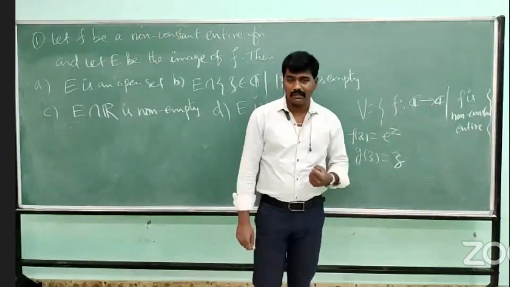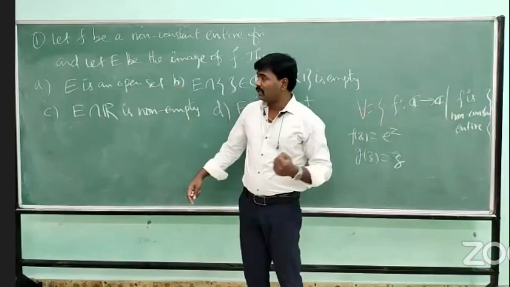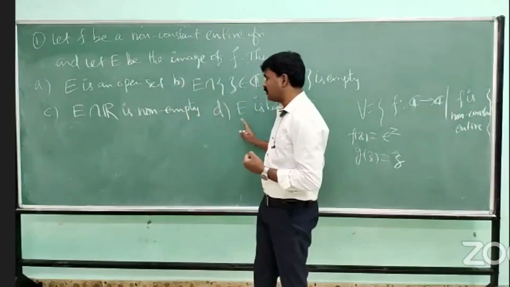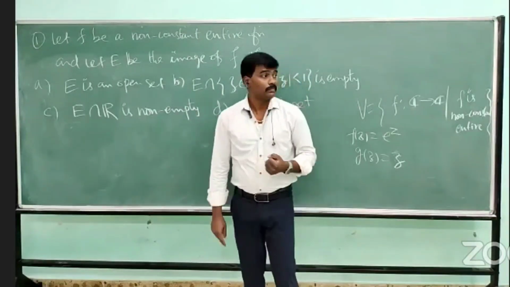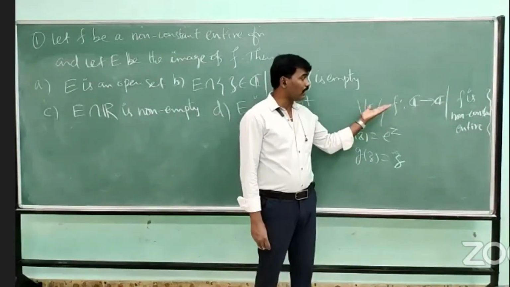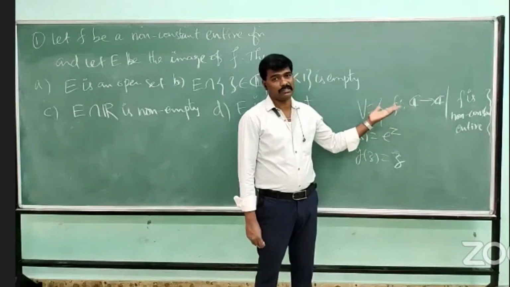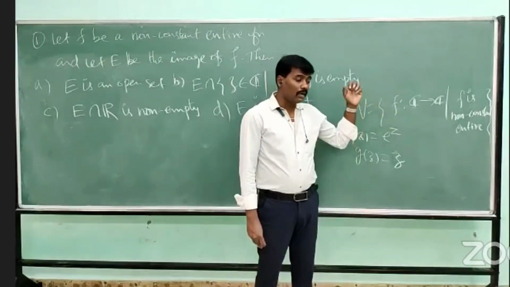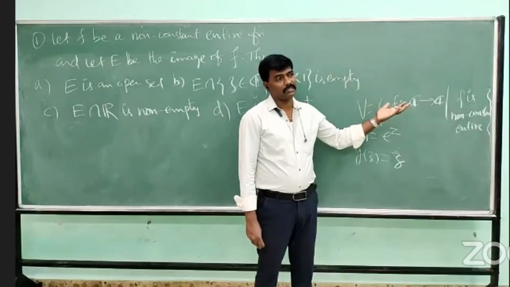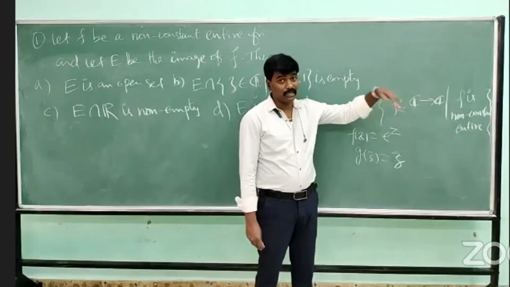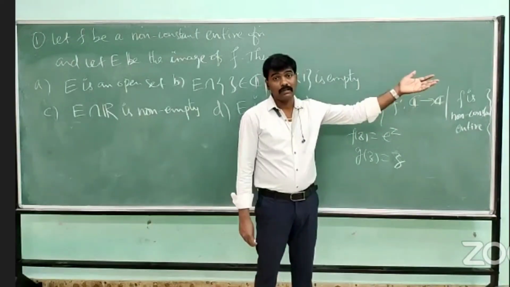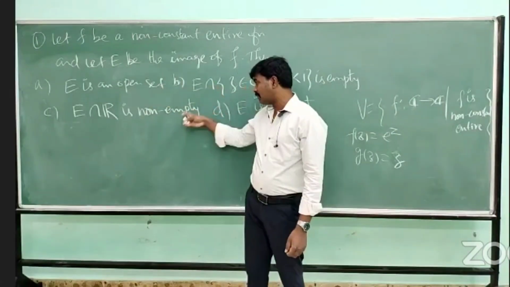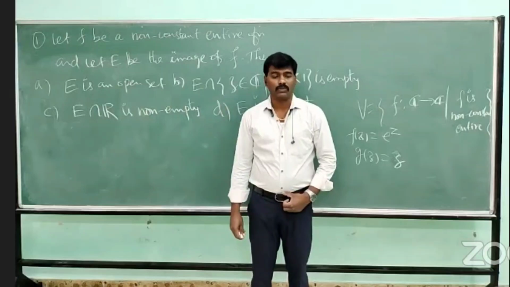If you take any element, does it always have this property or this property or this property? That is the question. Maybe infinitely many non-constant entire functions are there. Among infinitely many non-constant entire functions, we take any one, and that element should always have this property or this one or this one. We have to check.